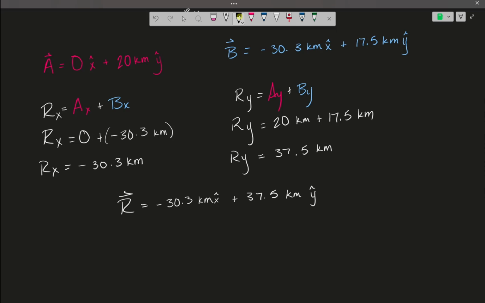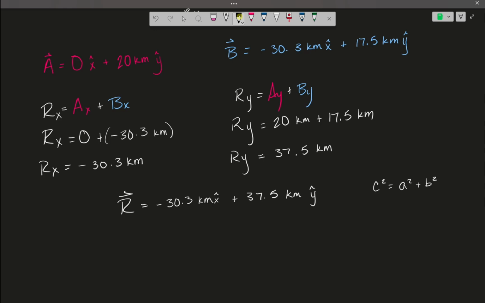But because this information was given to me in polar coordinates, I should probably translate this back into the polar coordinates, meaning that I want to find the magnitude of this vector, and I also want to find the angle of this vector from 0 degrees on my unit circle. So we can use the Pythagorean theorem, right, where c squared equals a squared plus b squared.